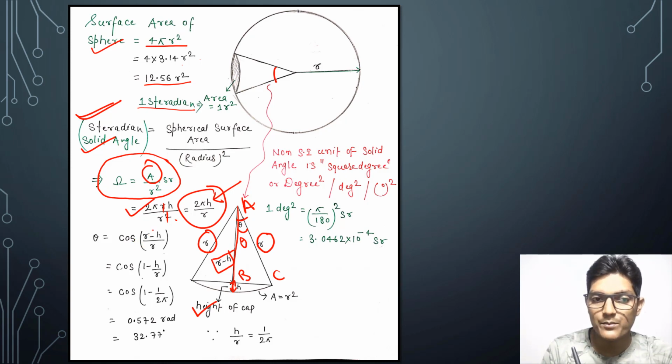So cos theta is r minus h divided by r, and that will be equal to 1 minus h by r. And you can see h by r is equal to 1 by 2 pi. So in place of h by r, we can put 1 by 2 pi, and that is equal to 32.77 degrees. Okay, so it's extra information that I have given you here, and it will be helpful for you in the upcoming chapters.